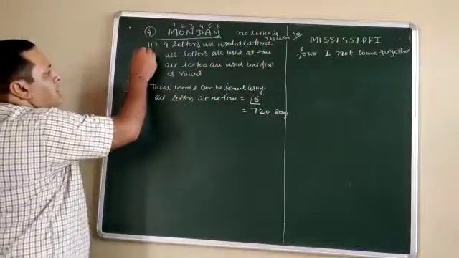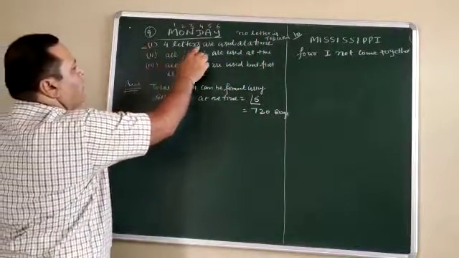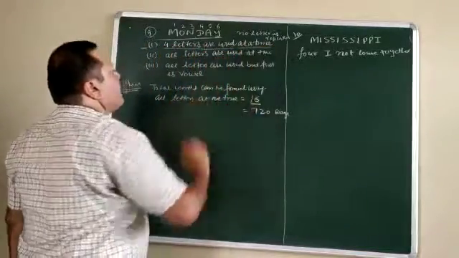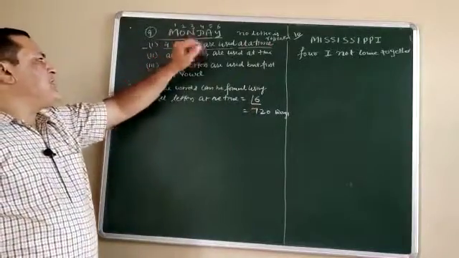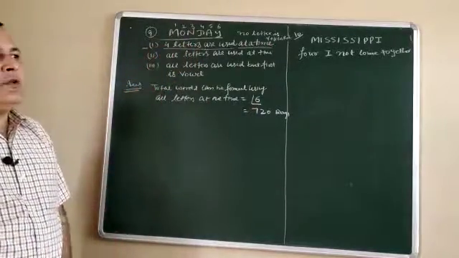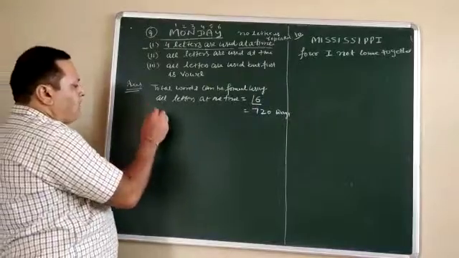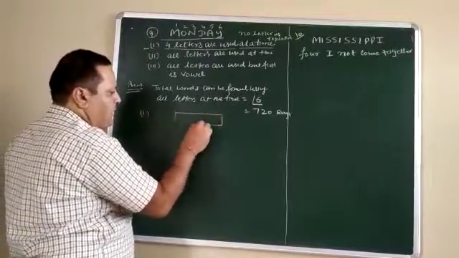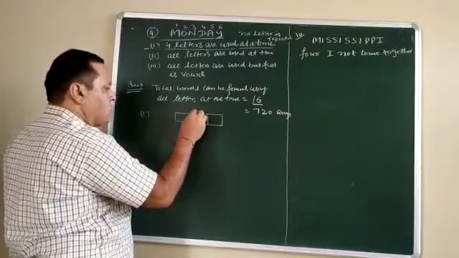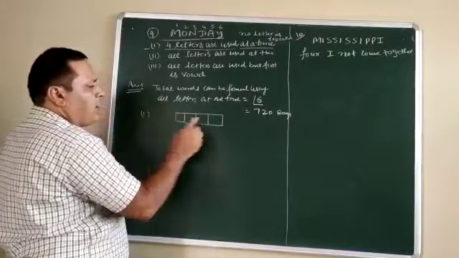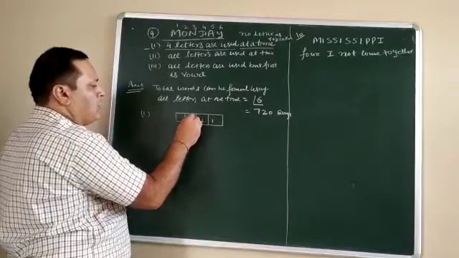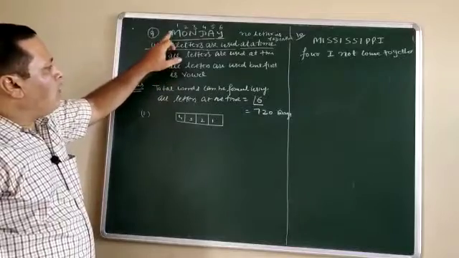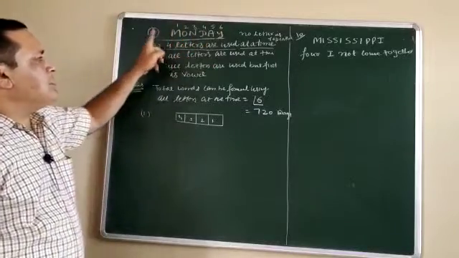Now, the next part of the question is that 4 letters are used at a time. Total we have 6 letters and we want to use only 4 letters. Now see, we need a space of 4 letters, 1, 2, 3 and 4. We want to make a word of 4 letters using these 6 letters.